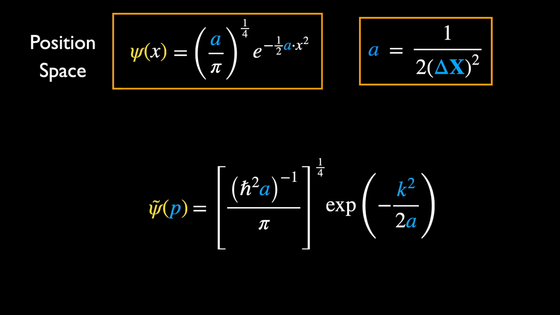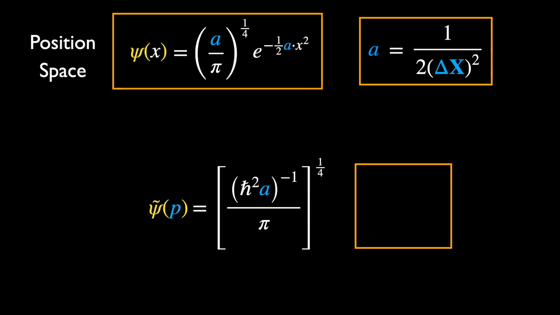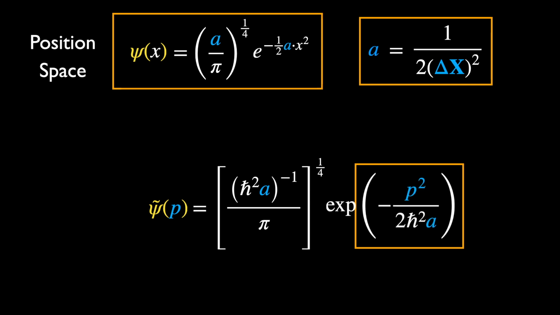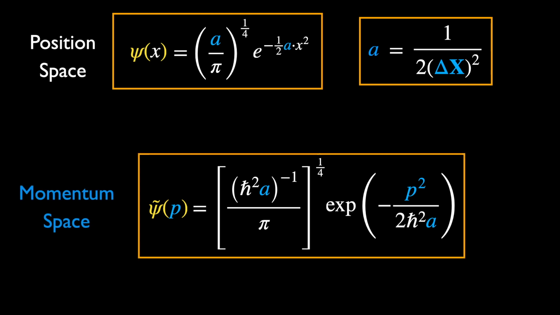The wave number k in the exponent is then written in terms of momentum p using de Broglie's formula. Thus we obtain the wave function of state psi in momentum space.